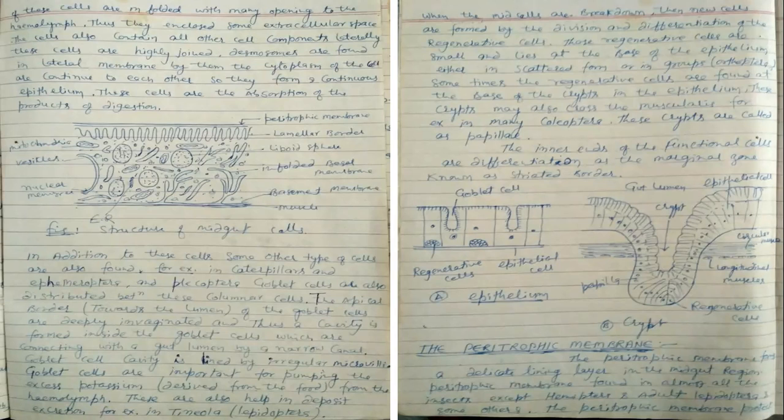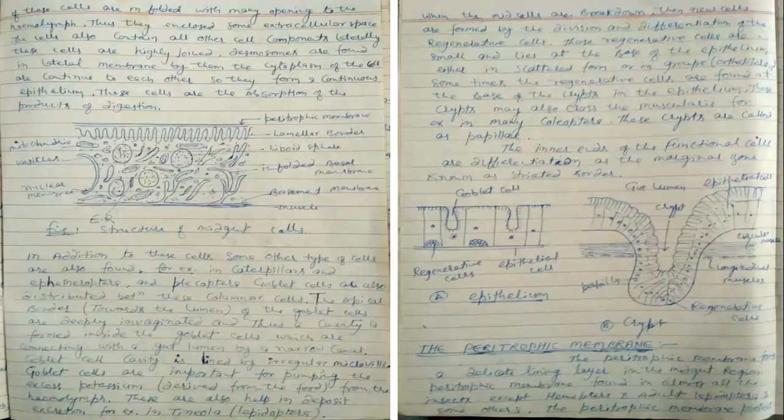The cells also contain all other cell components. Laterally, those cells are highly jointed. Desmosomes are found in the lateral membrane. By them the cytoplasm of the cells is continued to each other, so they form a continuous epithelium.